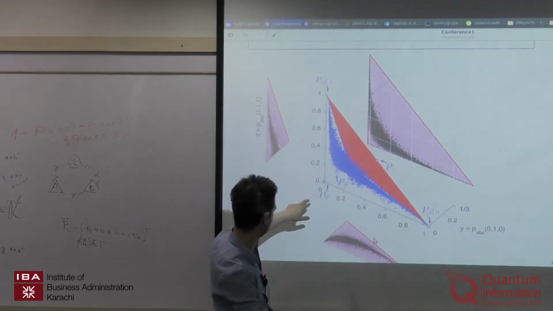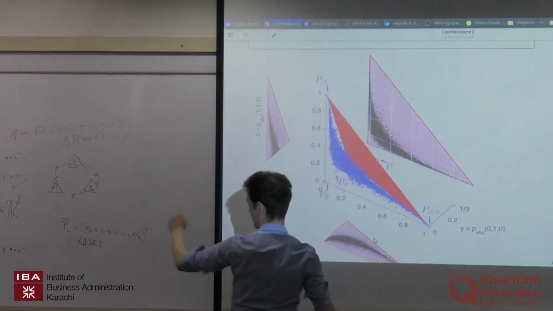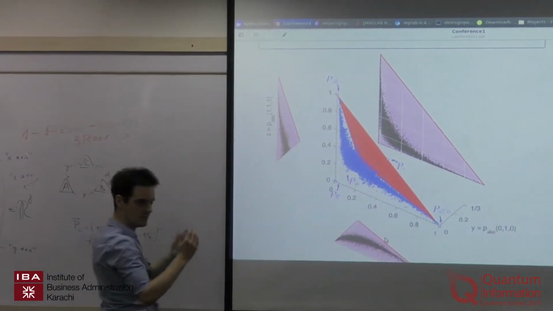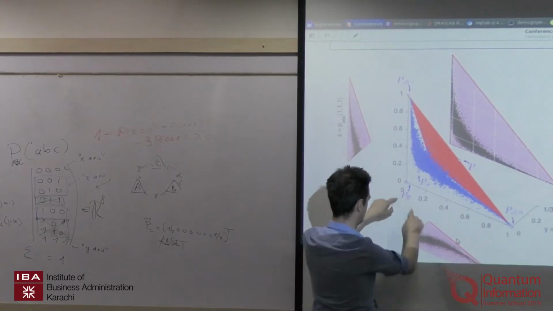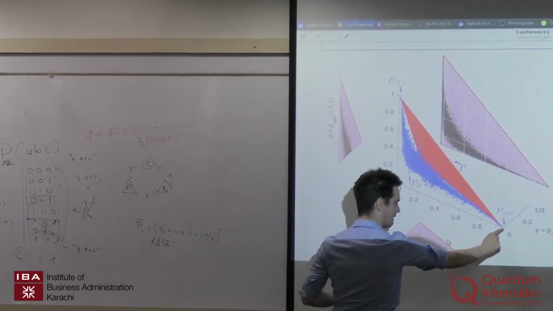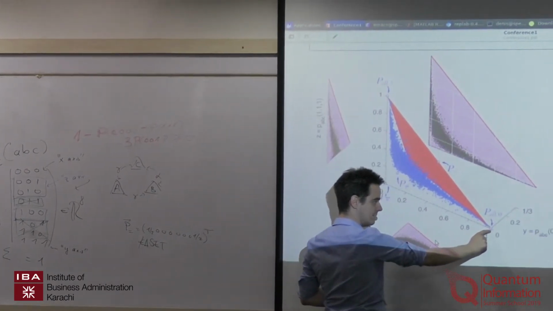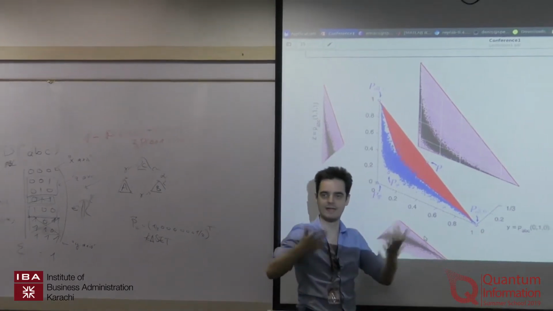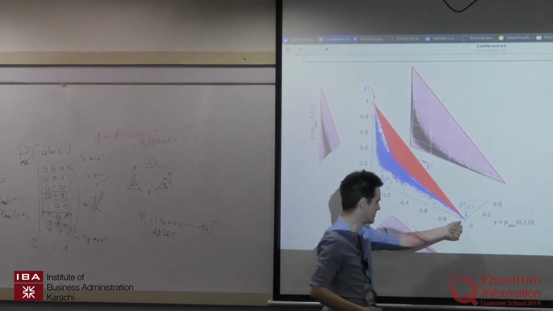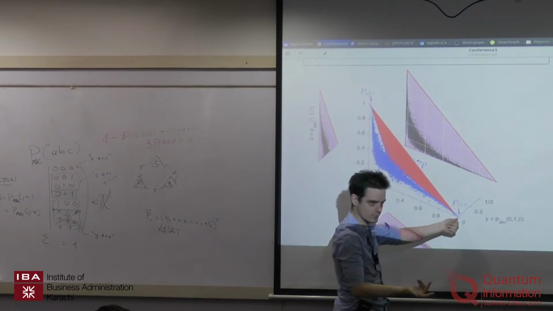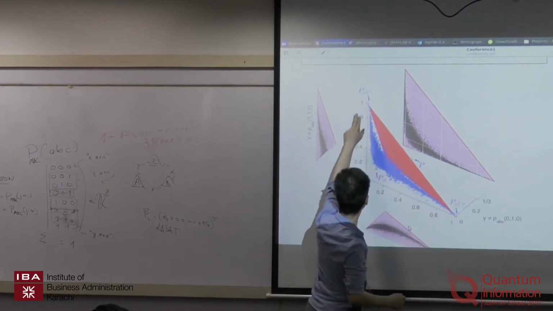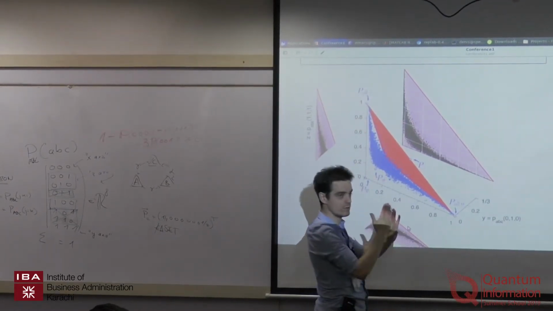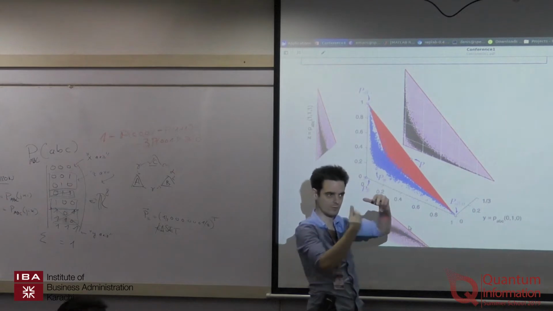So what do we have? The x-axis goes from 0 to 1 because that's the probability of 0,0,0. The point that has a coefficient 1 here is the point where everybody always outputs a 0, because it has probability of 0,0,0 equal to 1. The y-axis is the probability of outputting 1,1,1, so the range is also 0 to 1.